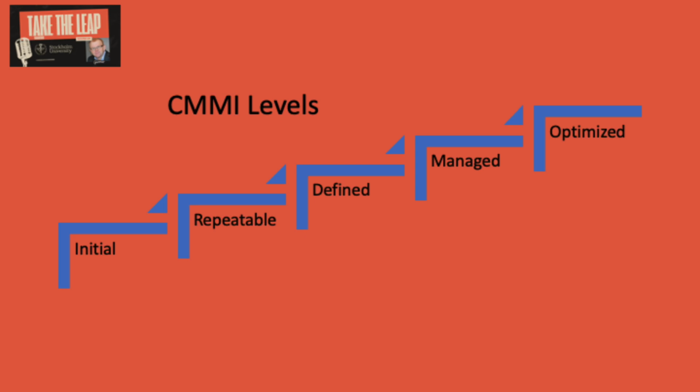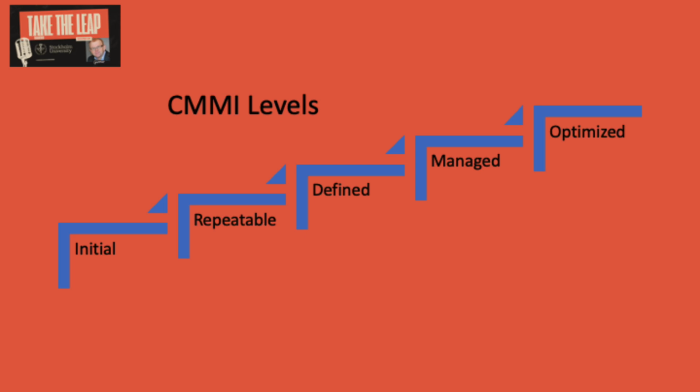But as they apply the CMMI framework, they start to standardize their project management processes across the portfolio. By the time they reach level 3, every project follows a clear, repeatable process. At level 4, they're using data to make better decisions about resource allocation and project timelines. By level 5, they've built a system where every project not only succeeds, but helps improve the process for the next one.